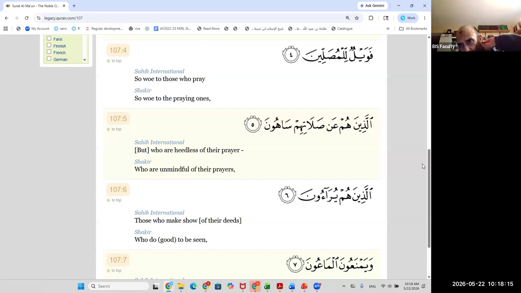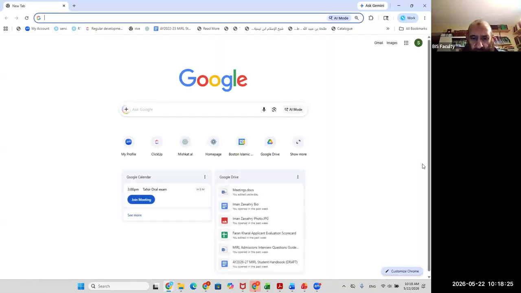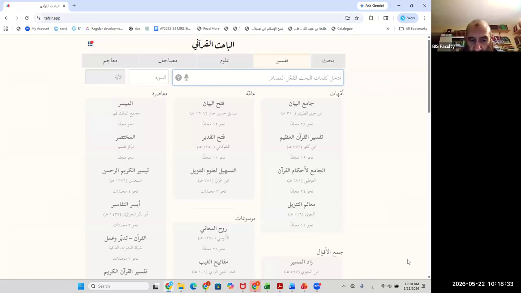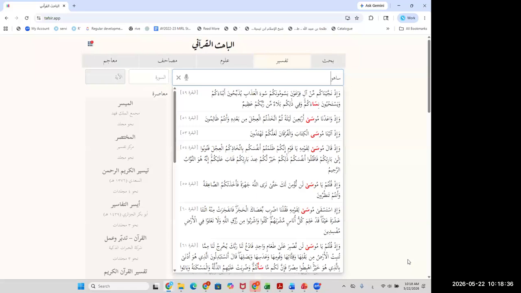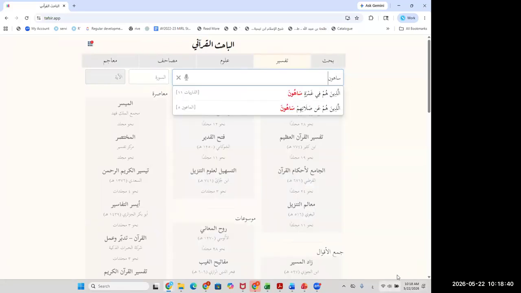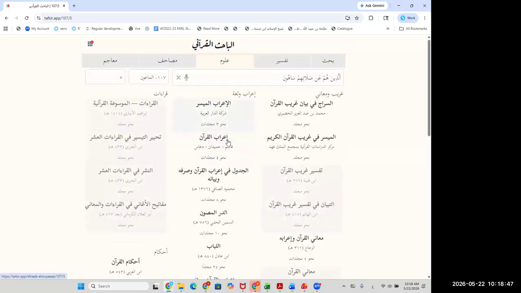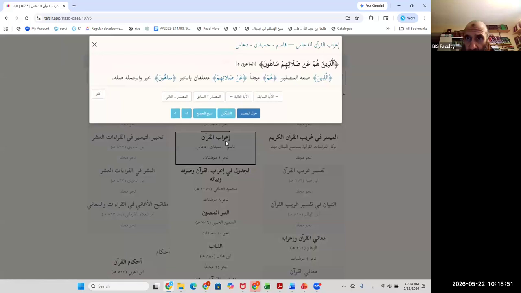It is ism mawsul, and actually, Alladina is a صفة for al-musallin because it is giving you more information, describing the musallin.